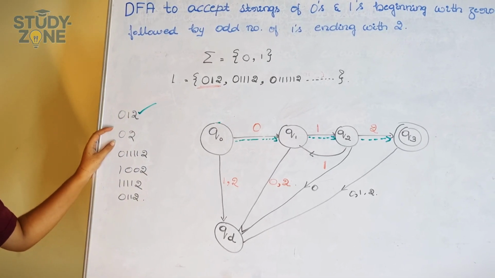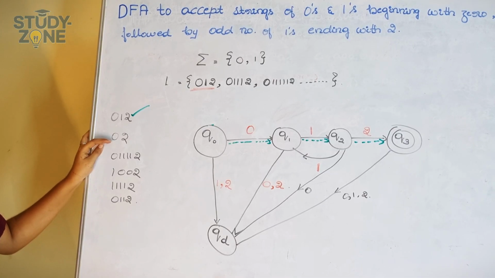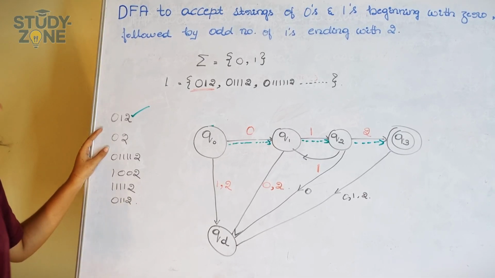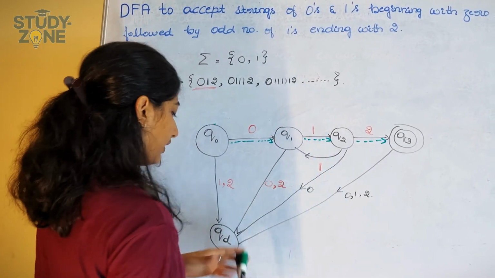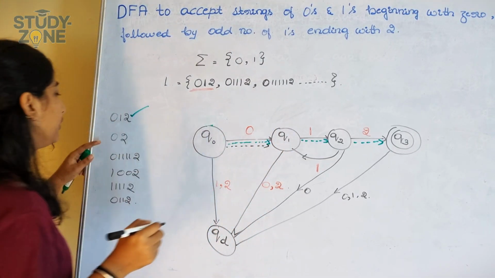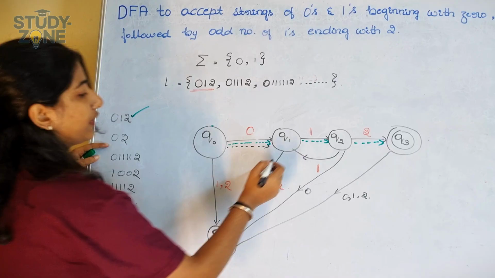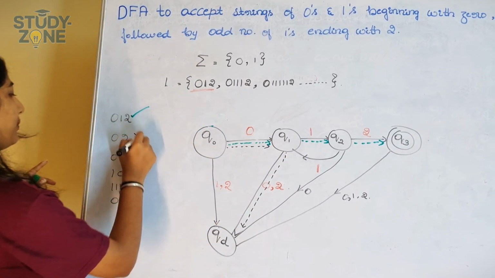Now 0, 2. So this one shouldn't get accepted, right? Because in the middle I don't have odd number of 1. So Q0 on 0 moving to Q1 and Q1 on 2 moving to dead state. So this one will not get accepted.